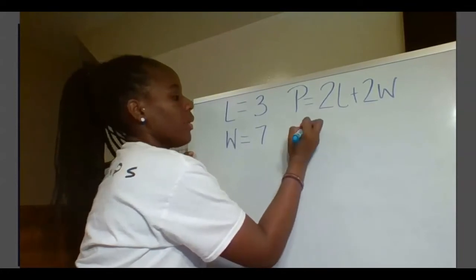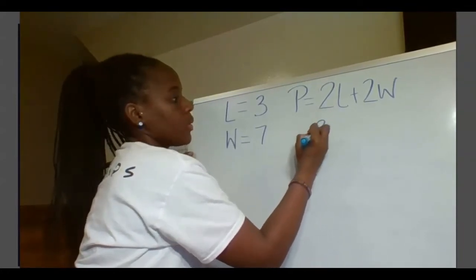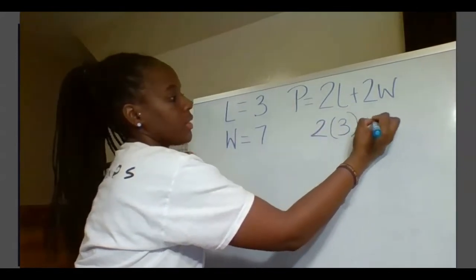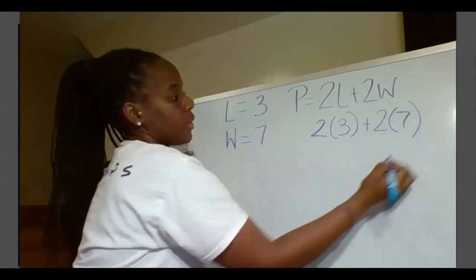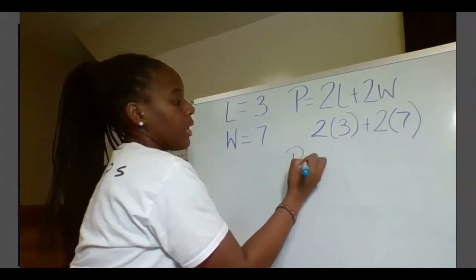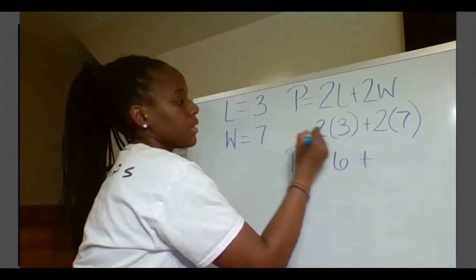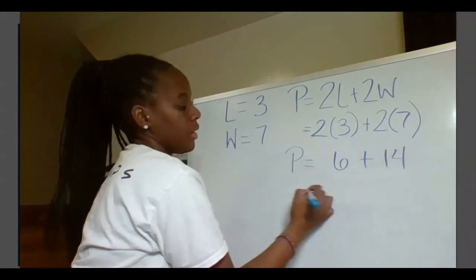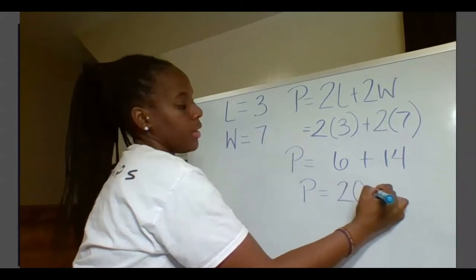And then we substitute and take 2 multiplied by 3 plus 2 multiplied by 7. And then P is equal to 6 plus 14 for a total of 20 units.